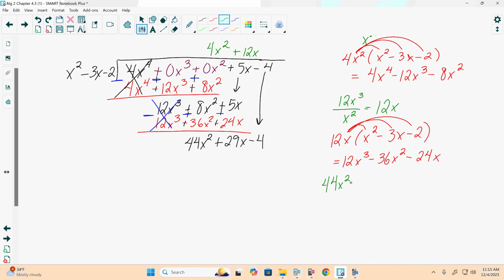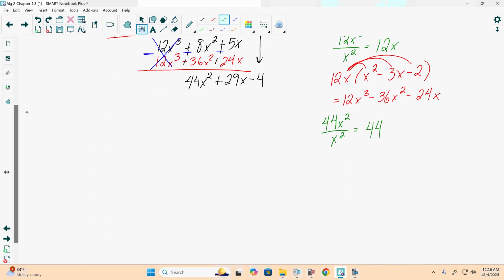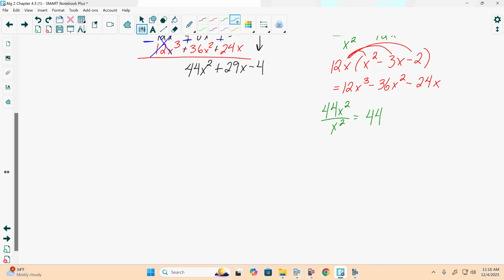So I have 44x squared divided by x squared, which is just 44. Because x squared divided by x squared, anything divided by itself is 1, so we're just left with the 44. That also means that we're going to have to multiply 44 with our x squared minus 3x minus 2.